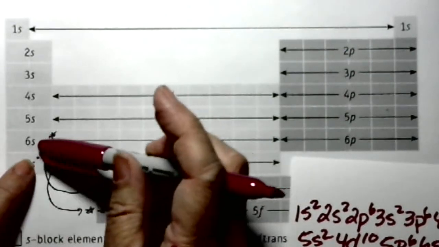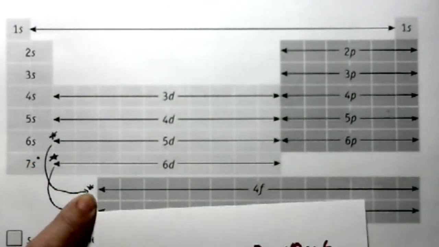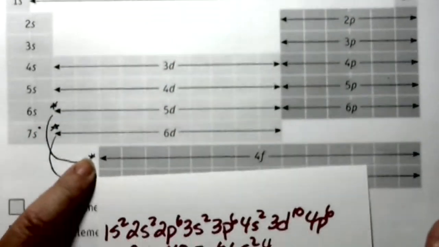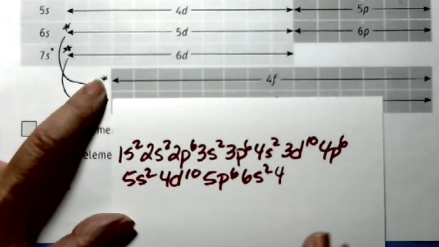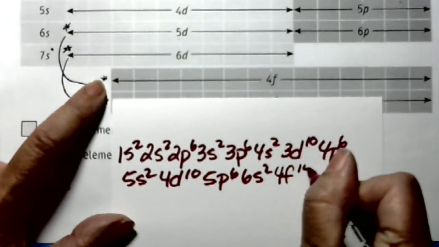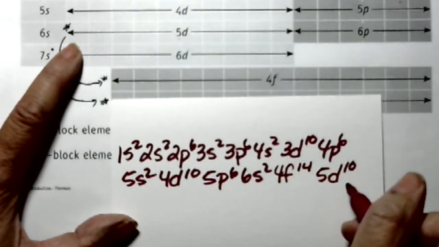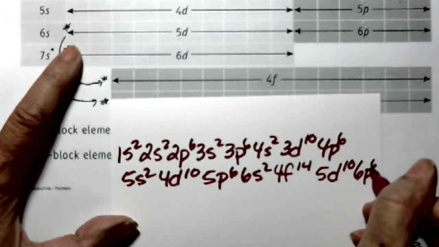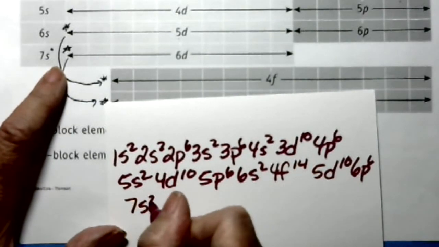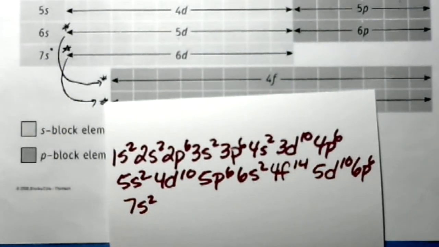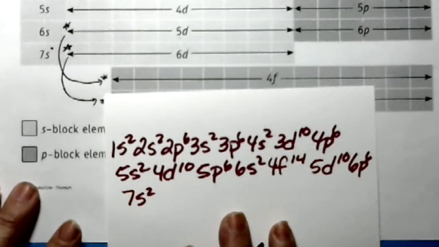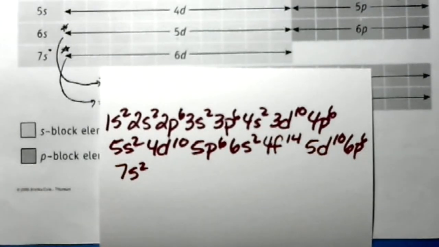Ooh, and then there's a star, so it goes down to here, the 4 f's, 4f14, then back up, then the 5d10, then the 6p6, and then 7s2. Wow. Crazy, crazy long version. Okay? So we don't want to do that anymore.